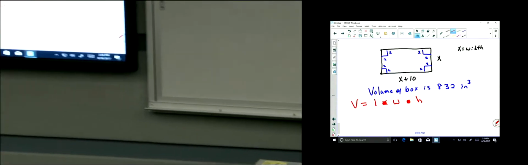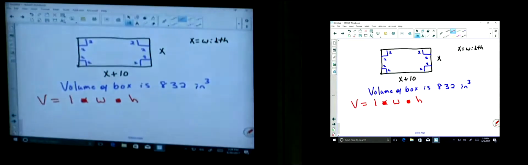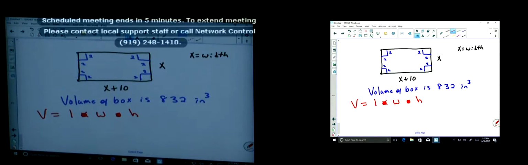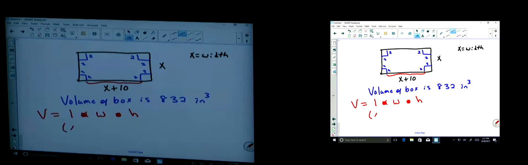Okay, so for the volume of the box, we're going to have length times width times height. The length of the box is only going to be this red part. It's not x plus 10. What is it going to be? Yes, x plus 6, because the length of my box is going to be x plus 10 minus 4, because I lost 2 inches and 2 inches.